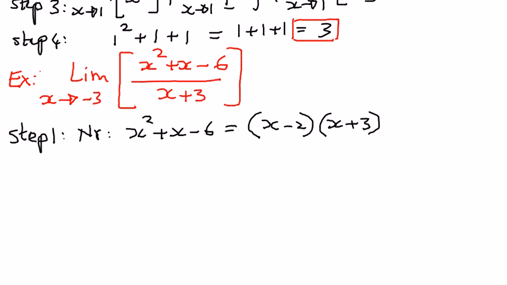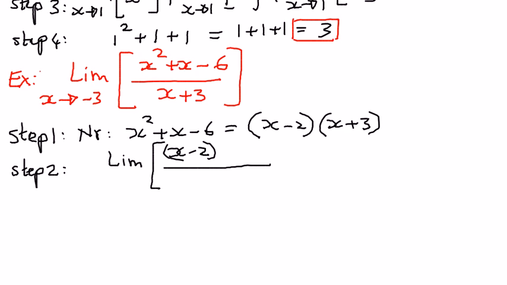Therefore, we're going to rewrite the given problem in step number 2 as follows. Limit of this function, instead of x squared plus x minus 6, I'm going to write it in its factored form, which is x minus 2 times x plus 3, the whole thing divided by x plus 3, as x tends to negative 3.